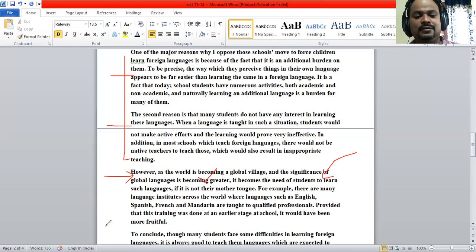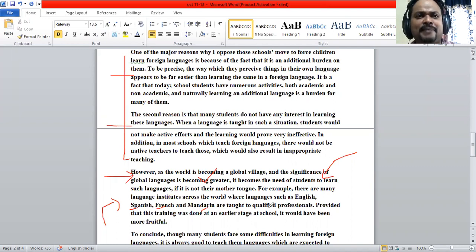For example, English, Spanish, French, Mandarin are taught to qualified professionals, many qualified professionals such as engineers, doctors, nurses, after they have their qualifications. Why do they need the language? Because of the communication barrier.